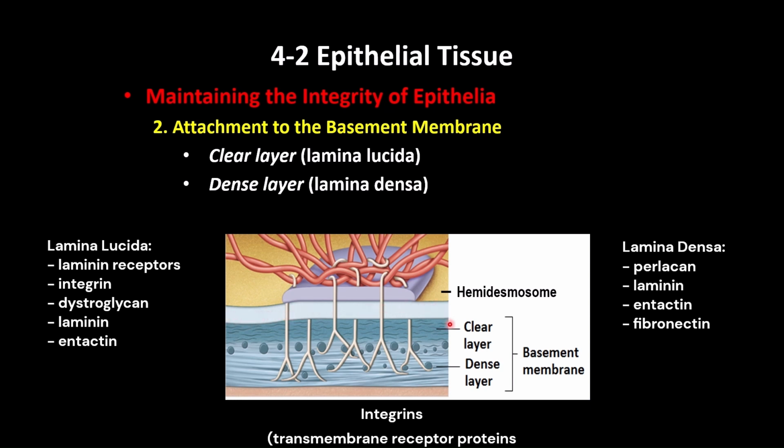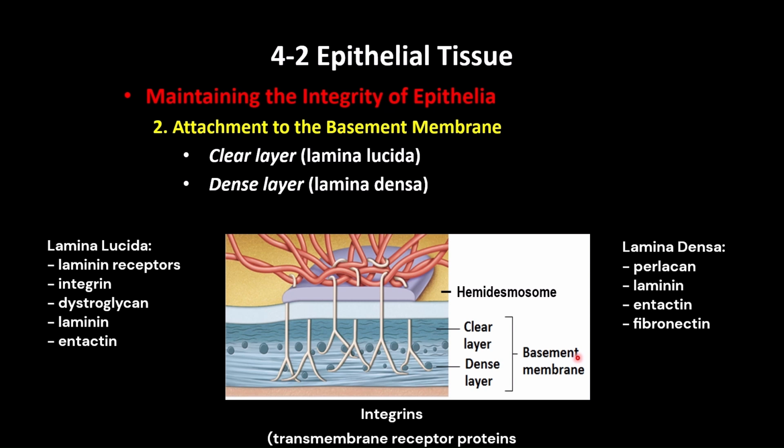One is called the clear layer, from the secretion coming from epithelial tissue, and this is called lamina lucida. This is how it is spelled. The second one is called the dense layer, and this has a lot of fibers. These fibers are provided by the connective tissue, and this is called lamina densa. Both of these layers together make the basement membrane.